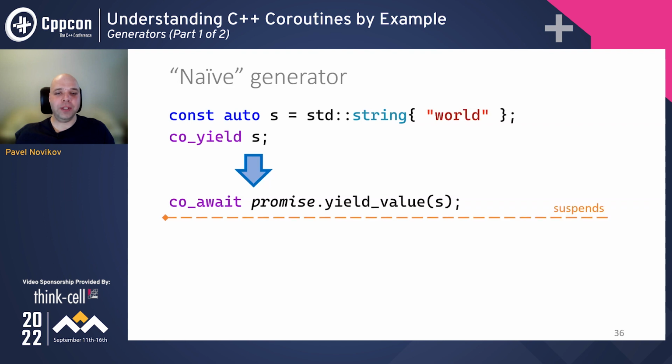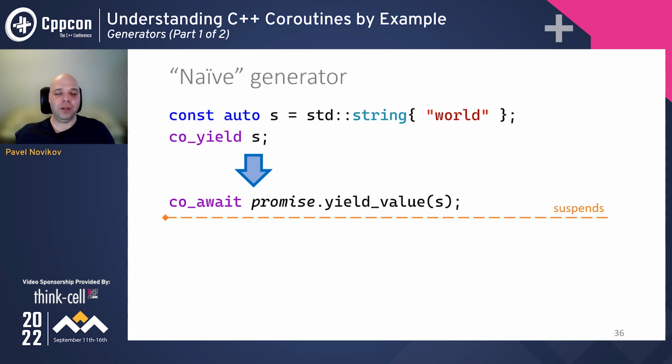So the standard says that when we call co_await, or rather, because co_yield transforms into co_await, it applies to co_yield as well.